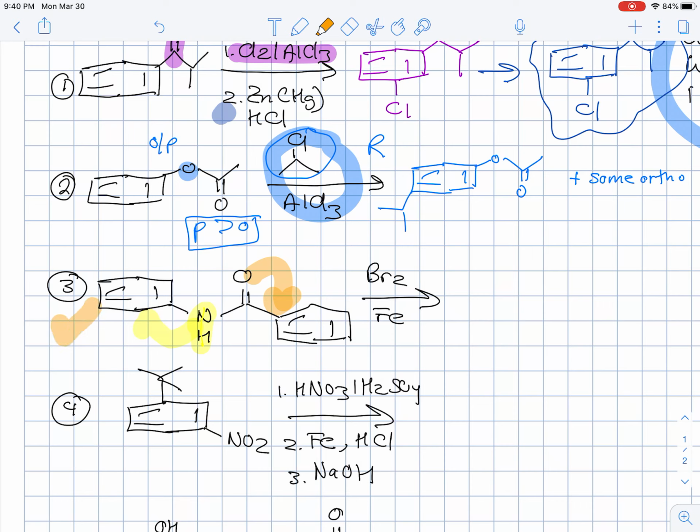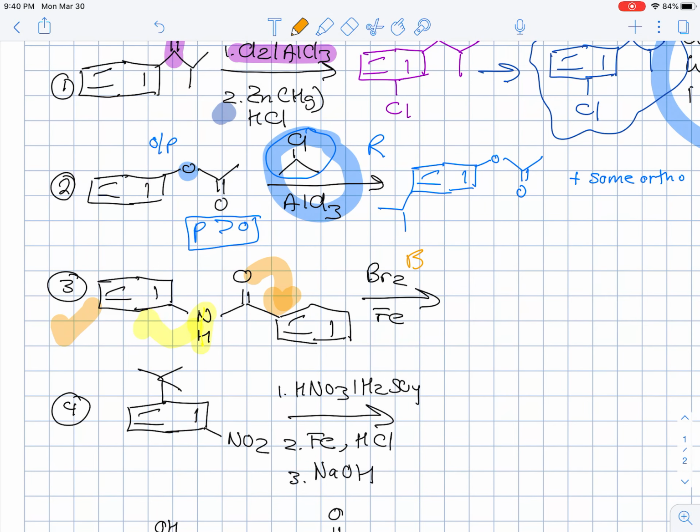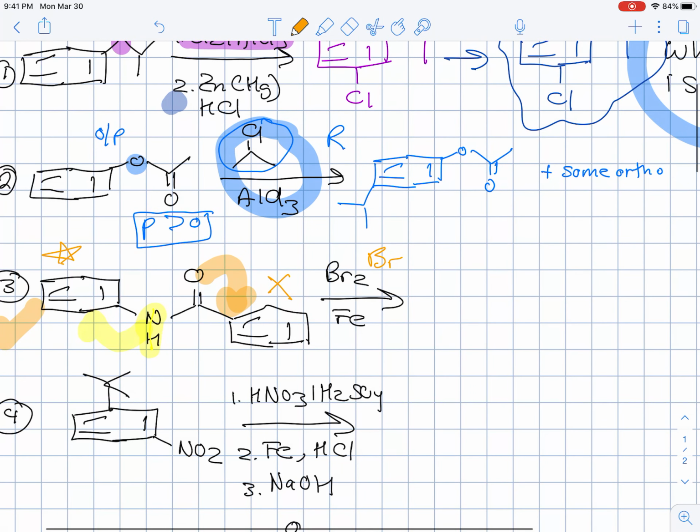So what's going to happen here is that this ring on the left is going to be the more reactive ring, and so that's what's going to react. As far as what's going to get added, this is going to add bromine, and there aren't any particular issues. So again, we react this ring, we don't react that ring. And so when we write the product, I'm just going to try to move it so that we have a little bit of room here.